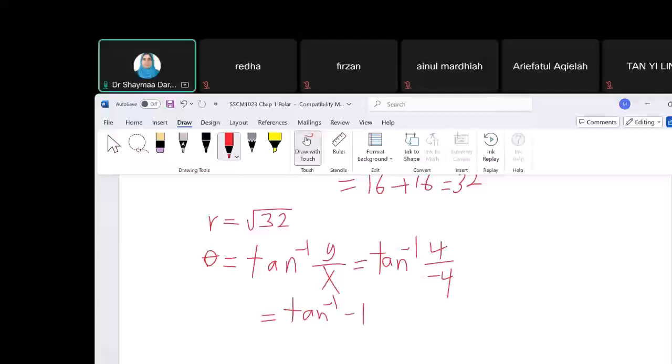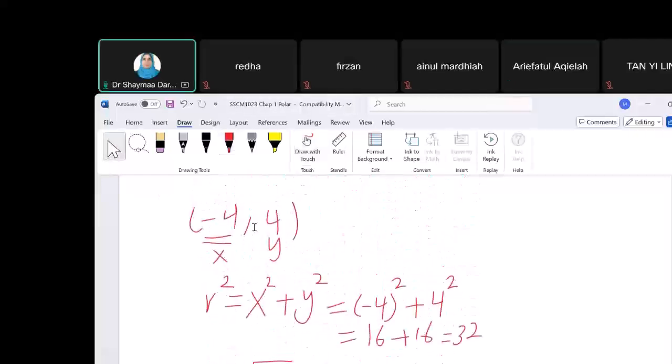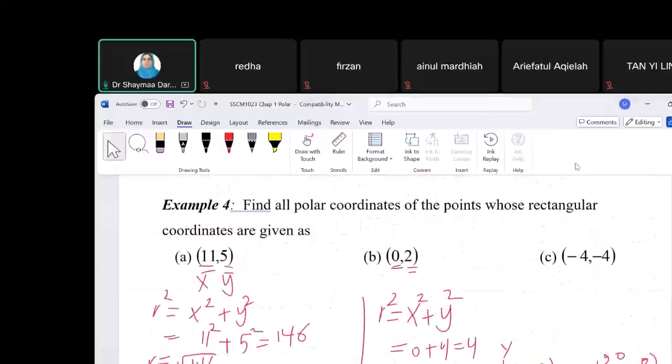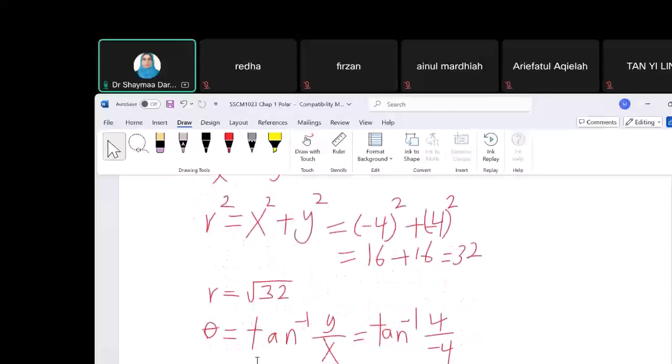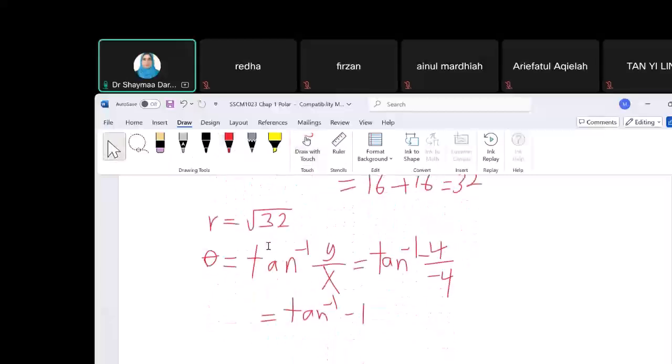Yes, y is negative 4. Let me check. Okay, sorry, the point is minus 4 and minus 4. So here we have minus 4 squared, and this one minus 4 over minus 4, so we have tan inverse 1.